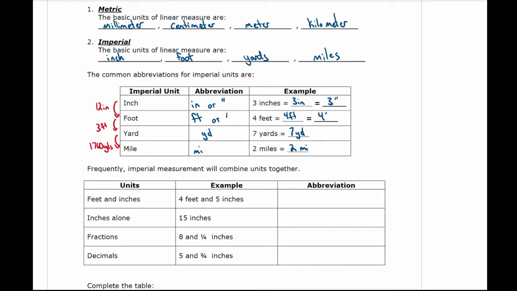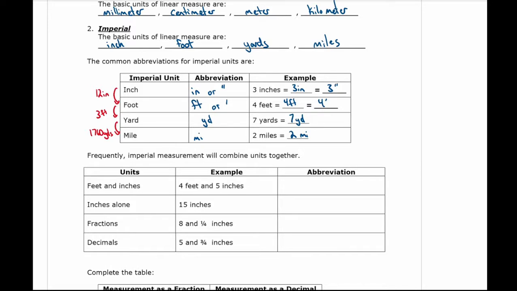Frequently, the imperial measurement will combine units together. When we're dealing with the metric system, it's usually only one unit at a time, because it deals with that base 10 conversion. But with the imperial system, they tend to combine units together.